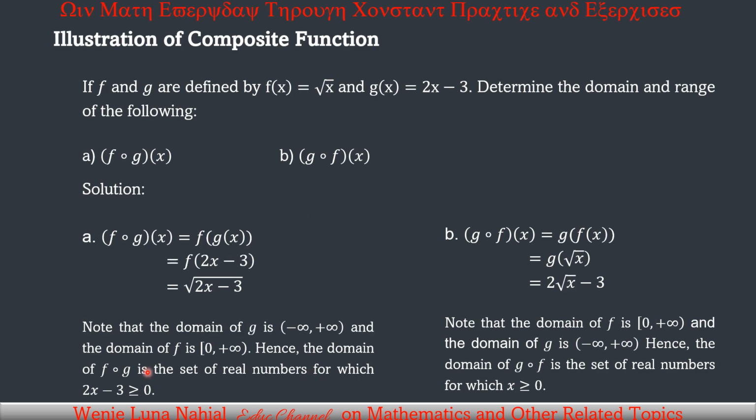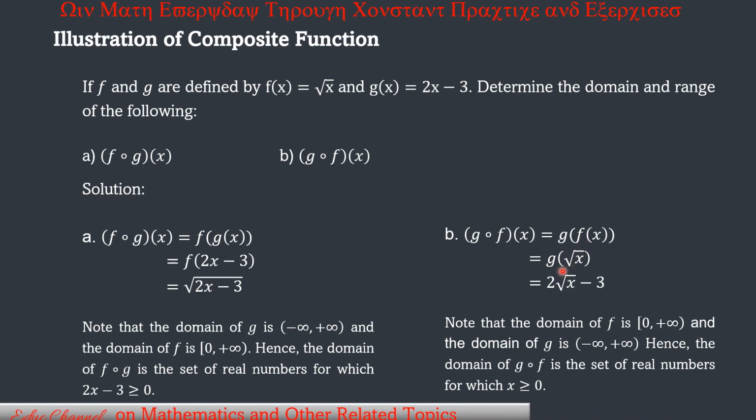Hence, the domain of the composition of f circle g is the set of real numbers. Since this is the result of the composition, the square root of 2x minus 3, so our 2x minus 3 must be greater than or equal to 0. And that's our domain.